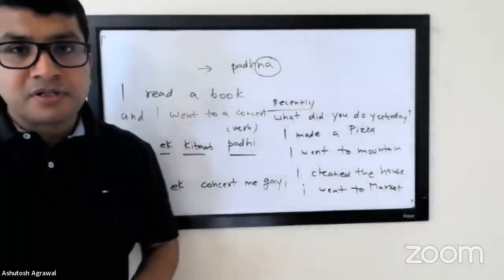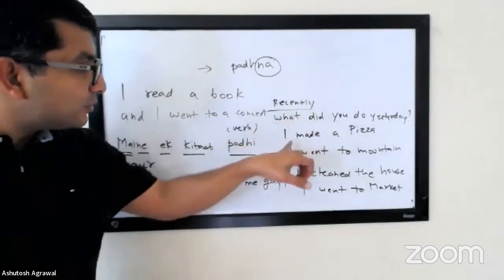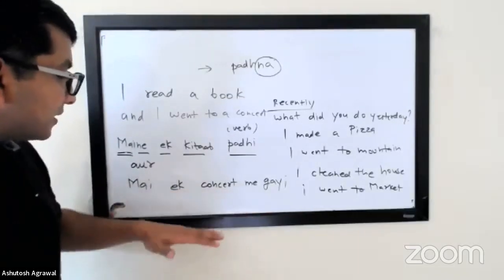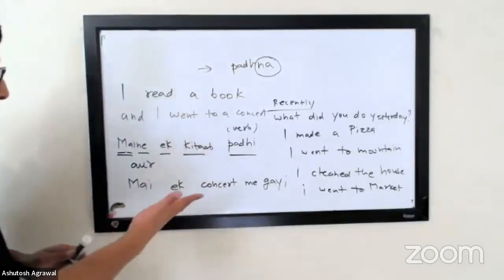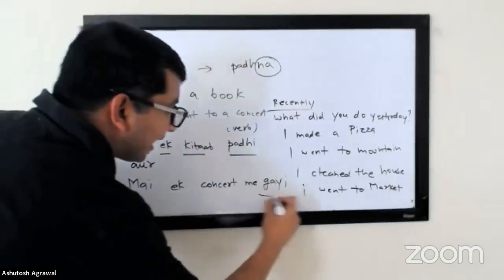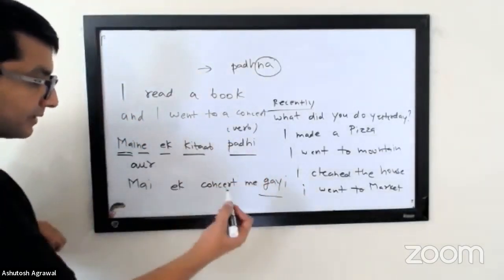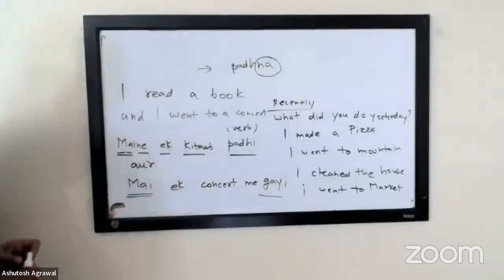So now it came naturally to you, but in the recent past, you said मैं एक concert में गई. Two varieties here. You said I went, and to go is basically an intransitive word. Intransitive, right? So that's why you said simply मैं गई.